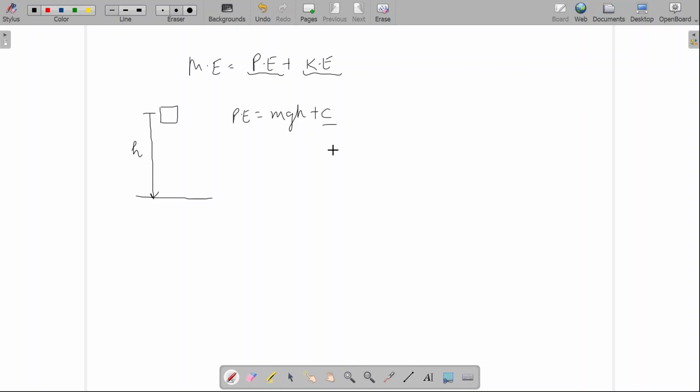This constant c is the potential energy of the block at the surface of Earth, which we assume to be zero in the standard case. And let's say the kinetic energy of the block when it is at this particular height is half mv square.